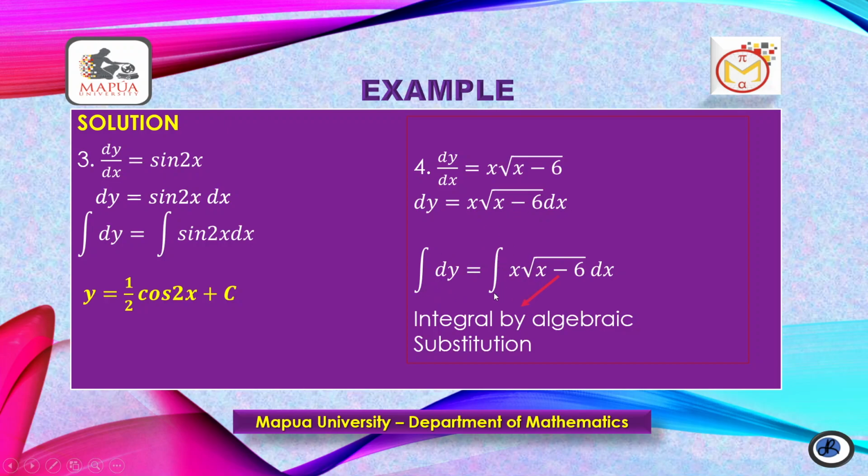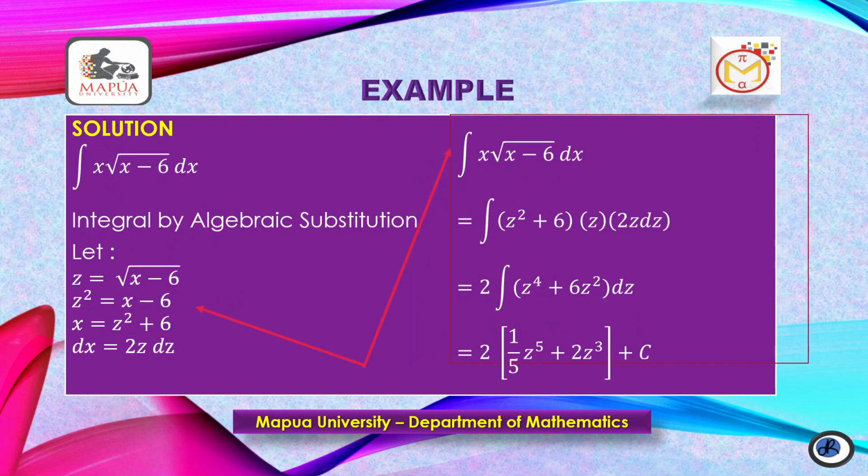On the right side, this is by means of integration by algebraic substitution, because this is not integrable directly, and it contains a radical expression, so we might as well use integration by algebraic substitution, wherein we can set the given radical equal to a certain variable, let's say z.